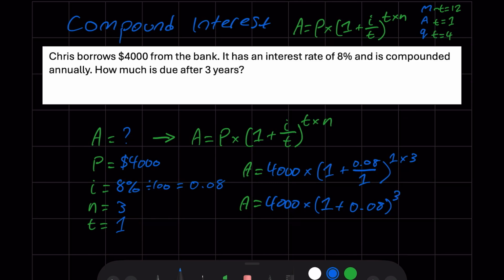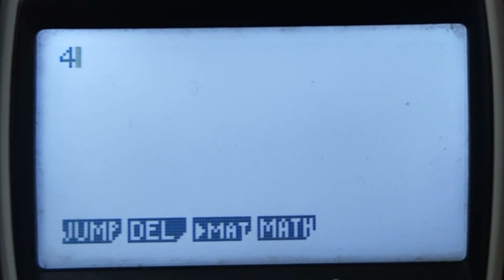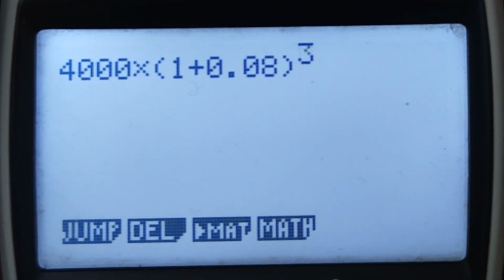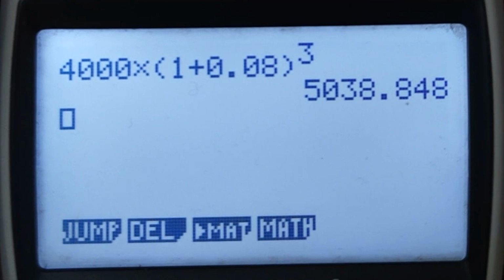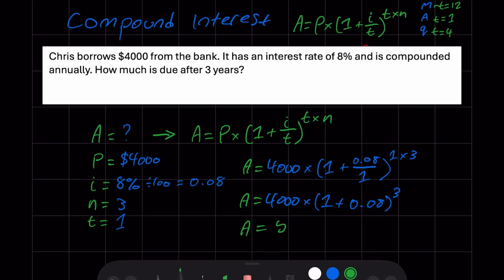So I'll write 3. Once I've got that, I will then put it into my calculator. So looking at my calculator, I do 4,000 times 1 plus 0.08 to the power of 3, and it is $5,038, and I'm going to round this to 85 cents.